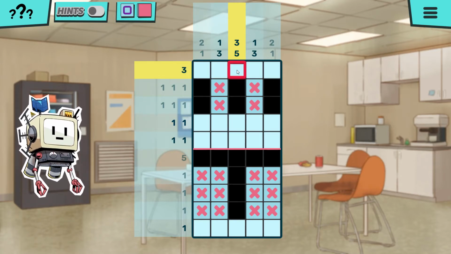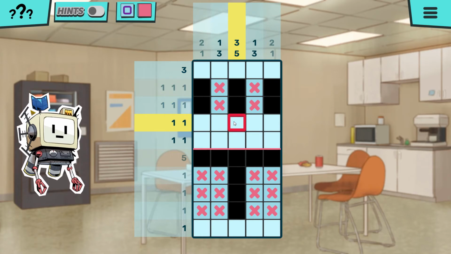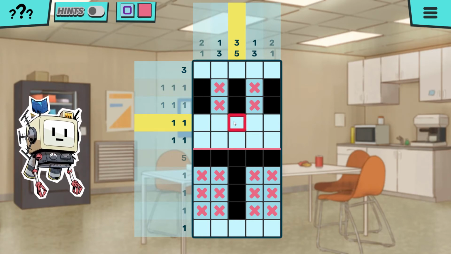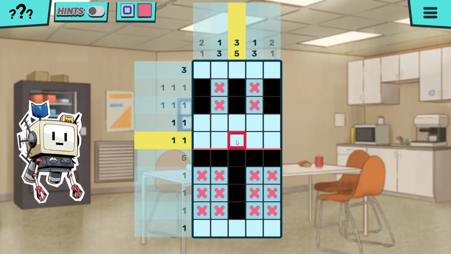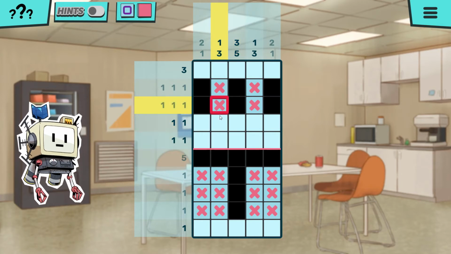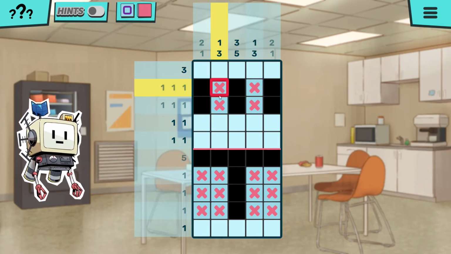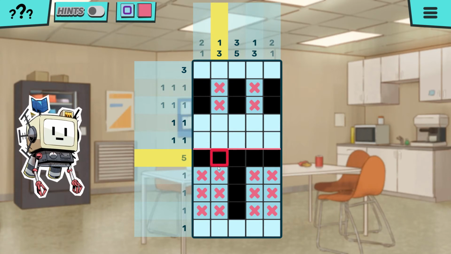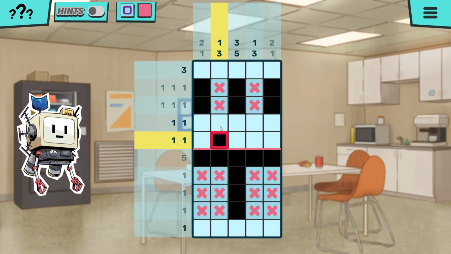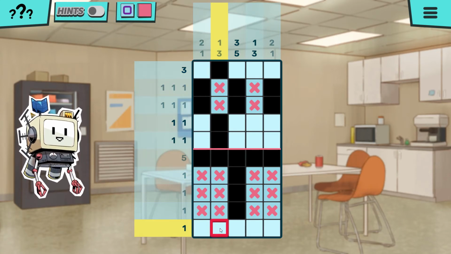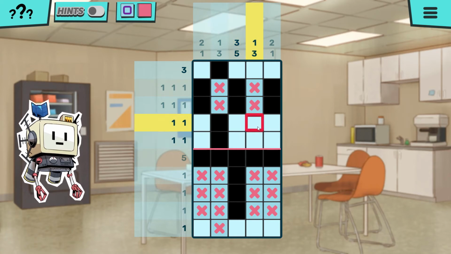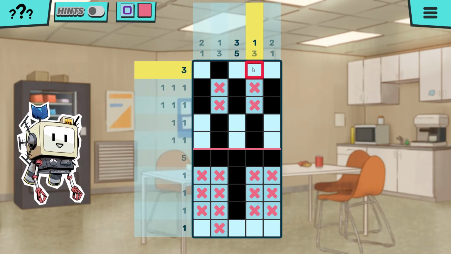So the 3 is either here or here. So I can't say anything about this yet. I'm pretty sure. This is 1, 3. And since the 3 can't be down here, the 3 needs to be here and the 1 needs to be here. Leaving this blank.